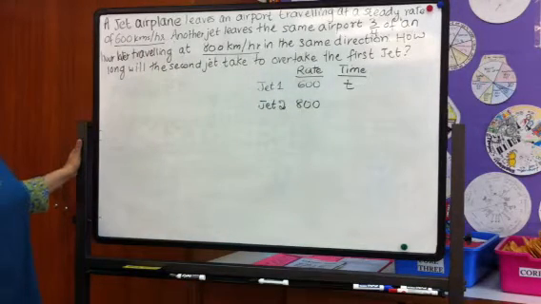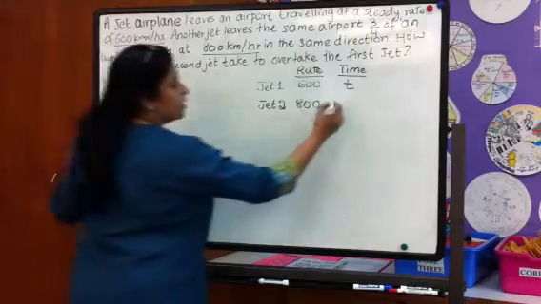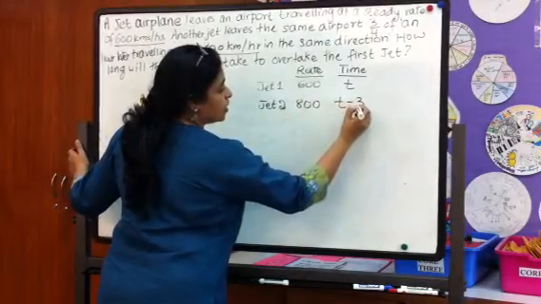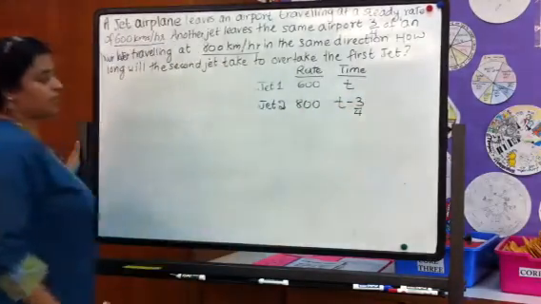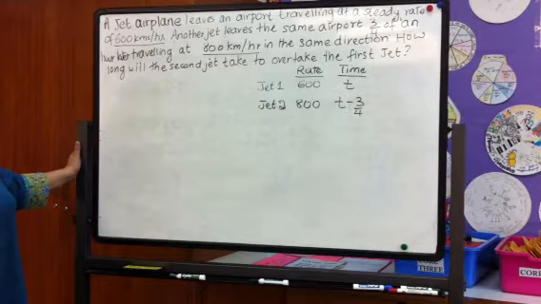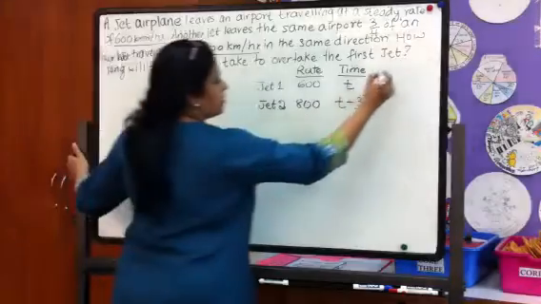Now jet 2 did not spend the same amount of time in the air as jet 1 because it started later. How much later? 3/4 of an hour later, which means it spent t minus 3/4 time in the air as compared to jet 1.